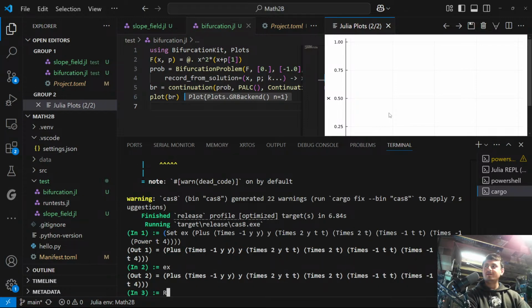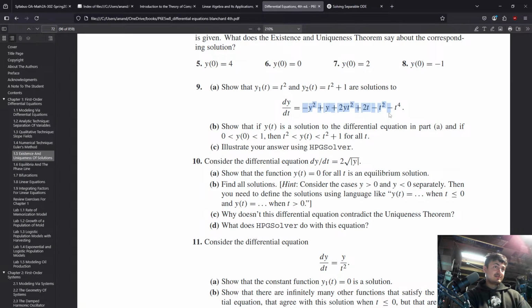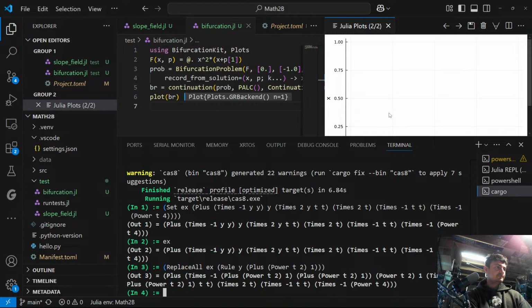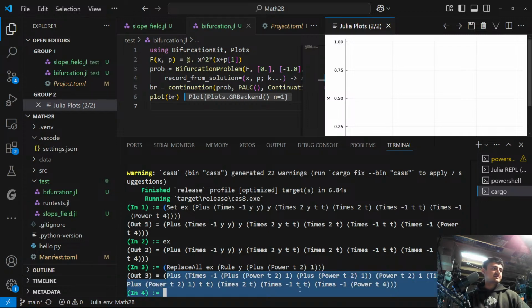Okay. Now we're going to replace all x with the rule y going to t squared plus 1. So the substitutions worked, but it did not simplify anything at all, which is annoying.